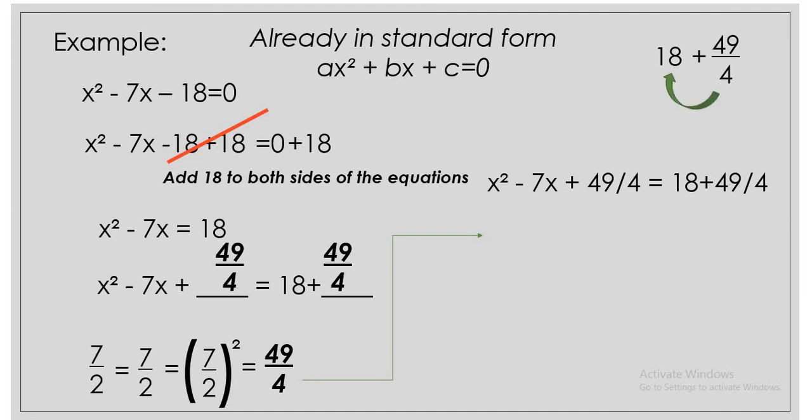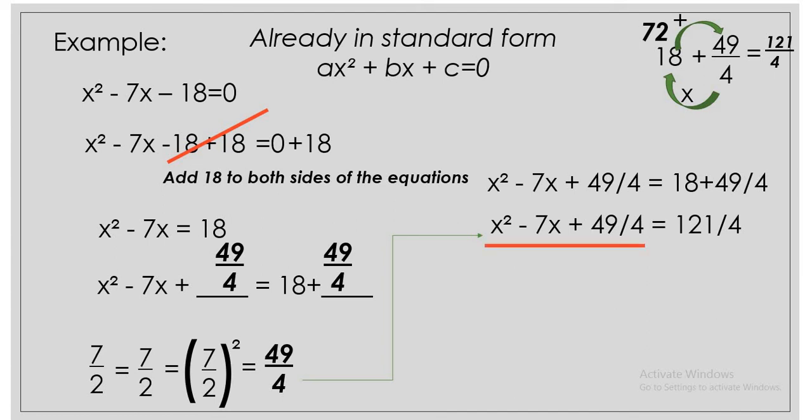The first step is to multiply 4 and 18, which is 72. Then 72 plus 49 is 121. Then copy the denominator. So you can rewrite it as x squared minus 7x plus 49 over 4 is equal to 121 over 4.